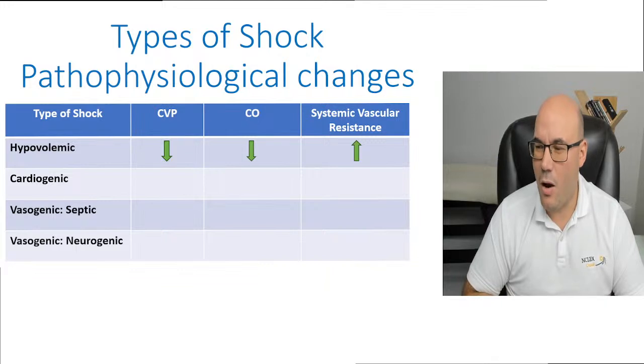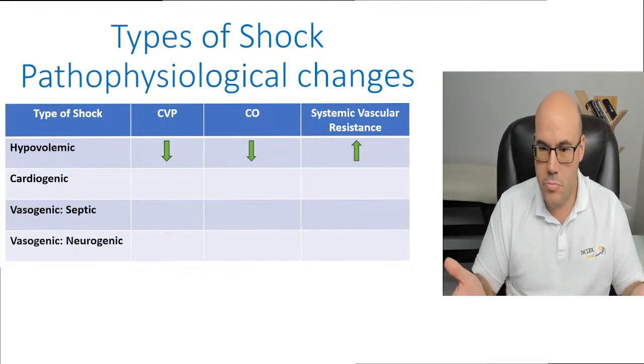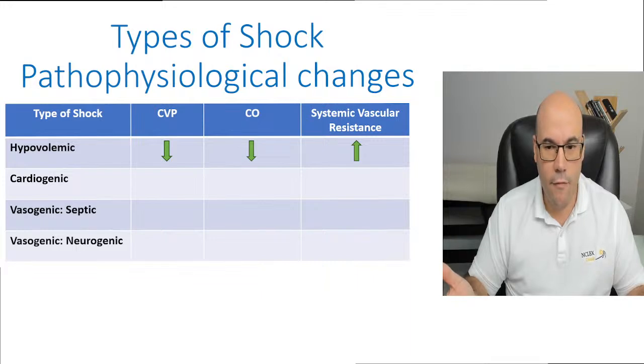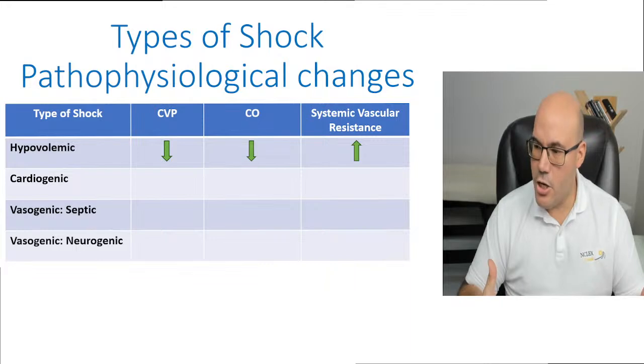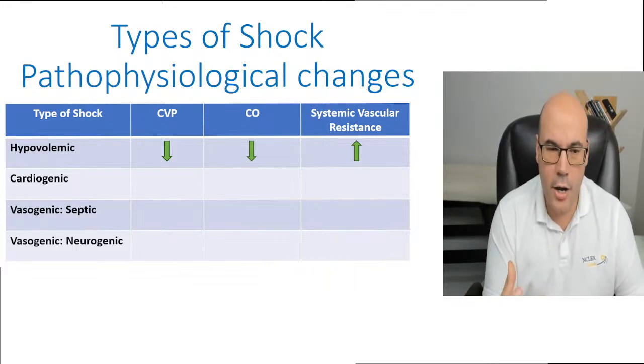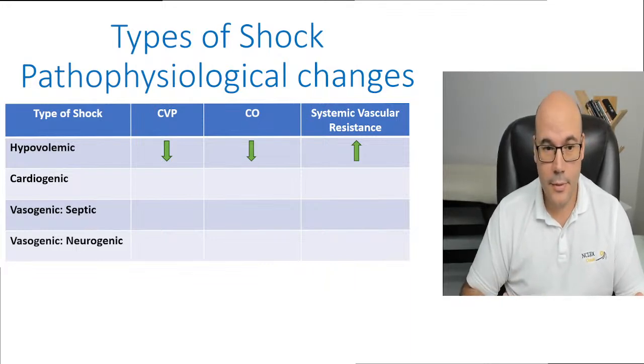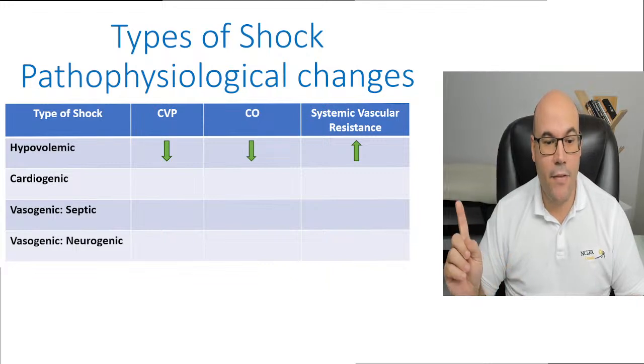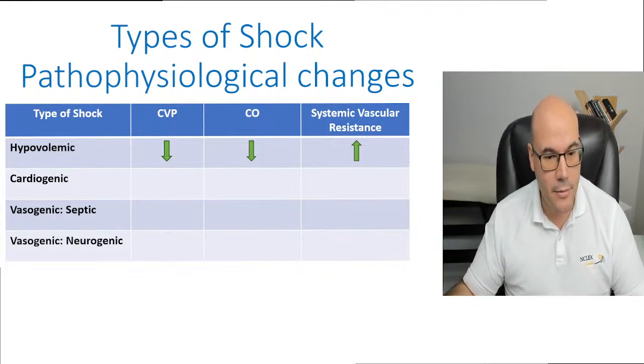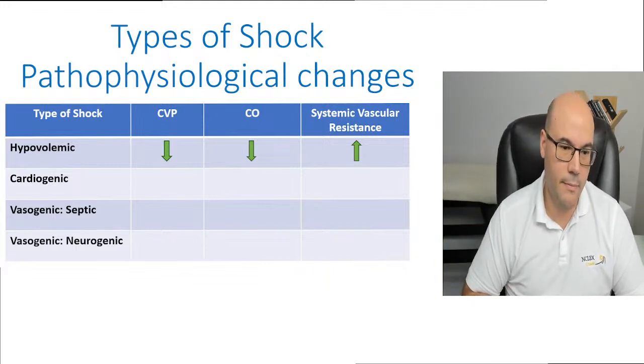Now you have to think, why? Why decreased central venous pressure and why decreased cardiac output? There's no blood. The volume is low. So it doesn't matter how hard the heart pumps, there's not enough blood to circulate. Now, why is the systemic vascular resistance increased?